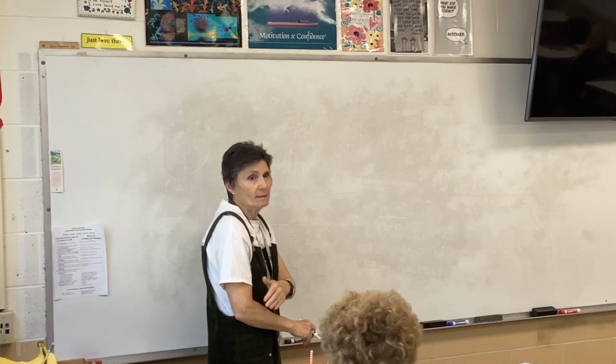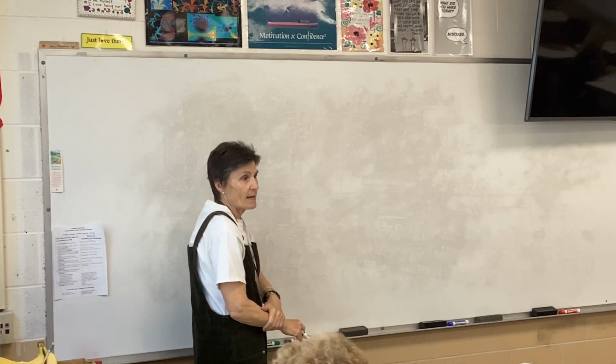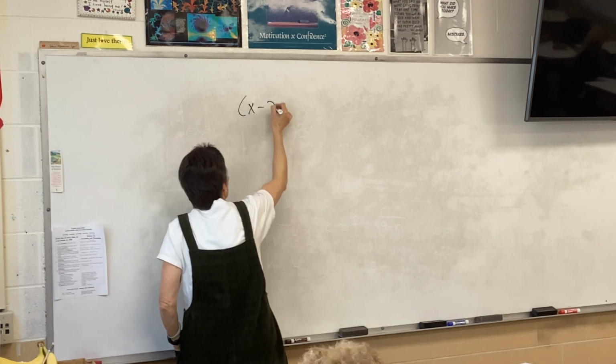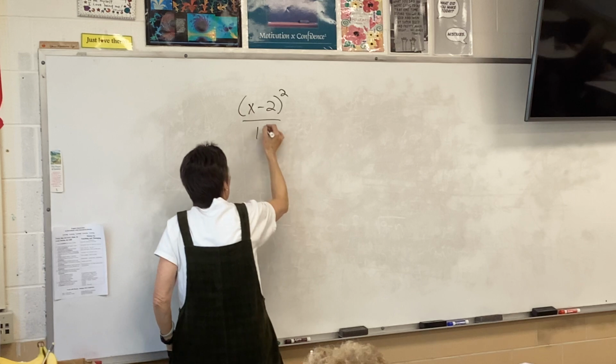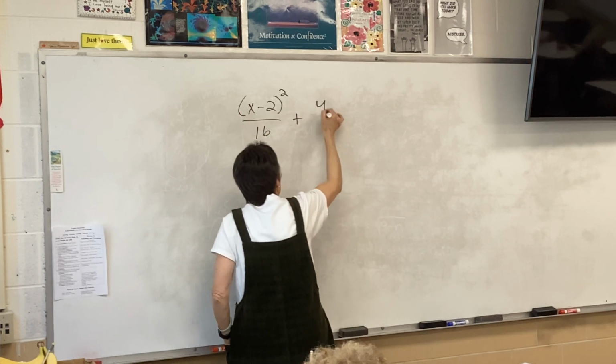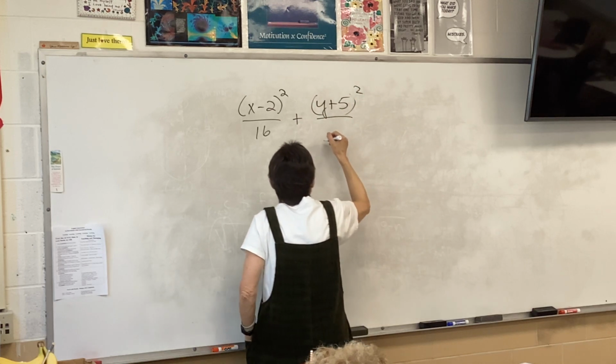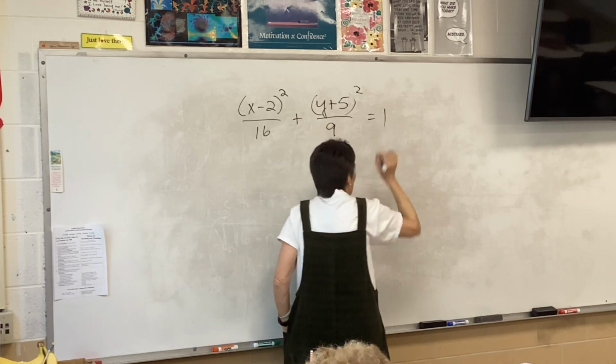Today's Tuesday. I don't see you tomorrow, so Thursday, okay? So here is the equation of an ellipse. (x minus 2) squared over 16 plus (y plus 5) squared over 9 equals 1.